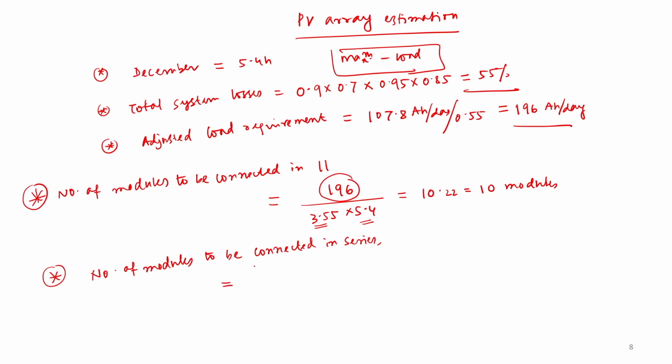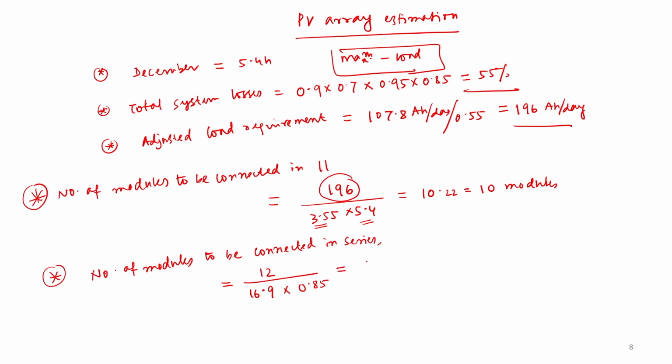The nominal voltage of the system is 12 volt, divided by the module peak voltage output of 16.9 multiplied by the voltage temperature derate, which is about 0.85.